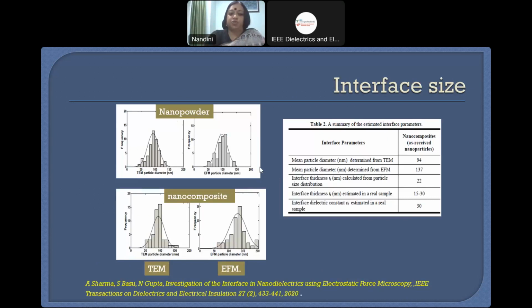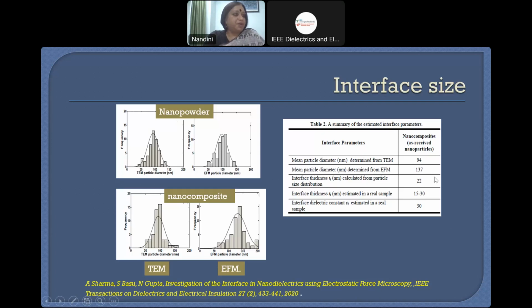The mean particle diameter remains the same, whether it is computed from TEM or from EFM, because the particles are loose. But in the nanocomposite form, we see that the mean particle diameter obtained from the TEM is 94 nanometers, but the mean particle diameter obtained from EFM is 137 nanometers.